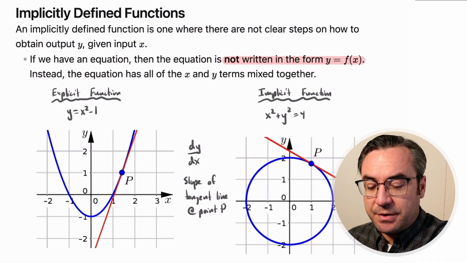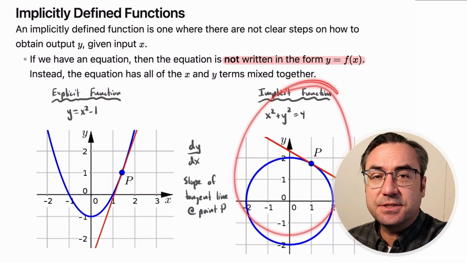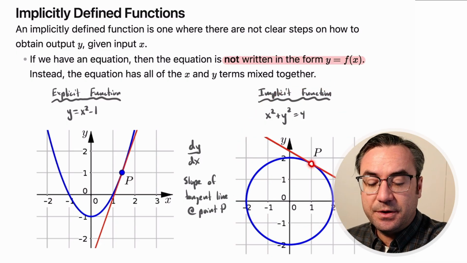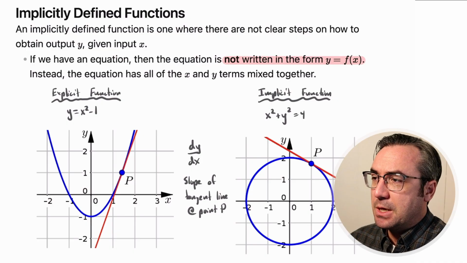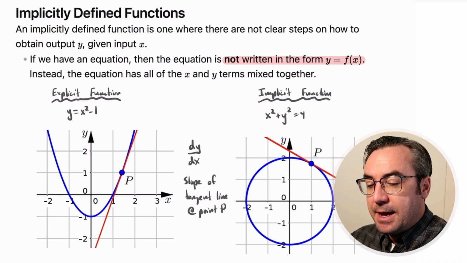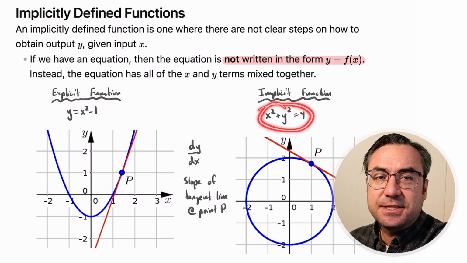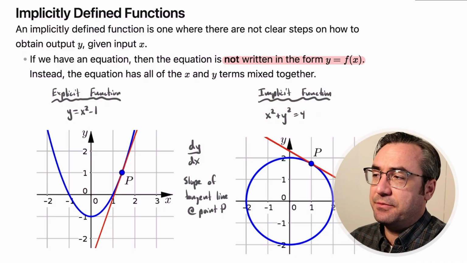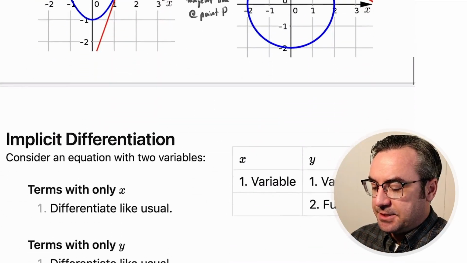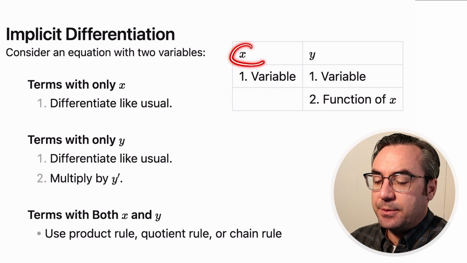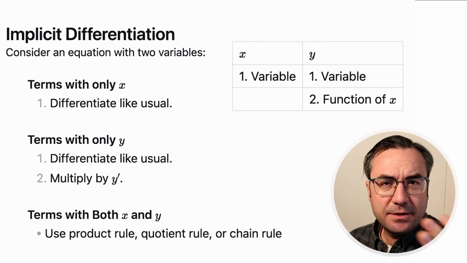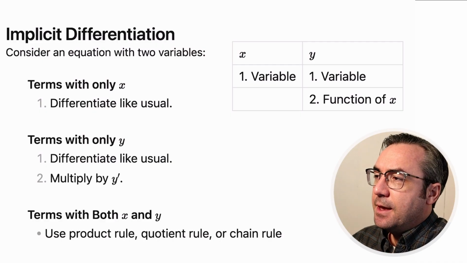Once we have the derivative in the implicit case, it still has the same interpretation: it gives us the slope of the tangent line. So if we have an equation like this, how do we calculate the derivative? We're going to start with an equation that has two variables, normally x and y, but they don't have to be x and y.